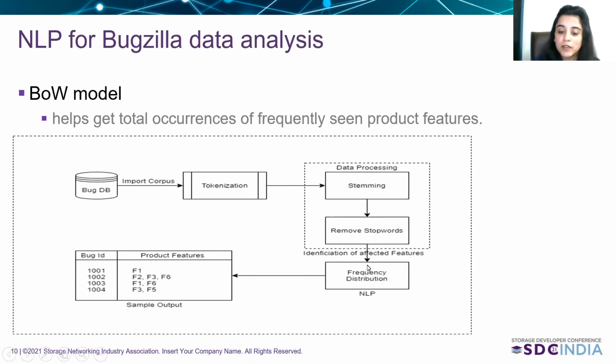After fetching those features, we applied frequency distribution of NLP, which told us how frequently a feature was occurring in the comment section. Then we fetched the top 5 features from each bug, which gave us a sample output like this.